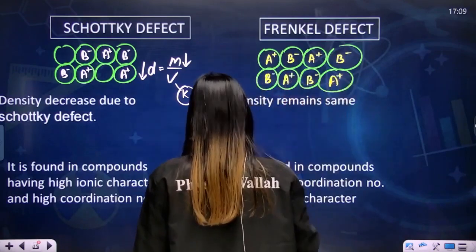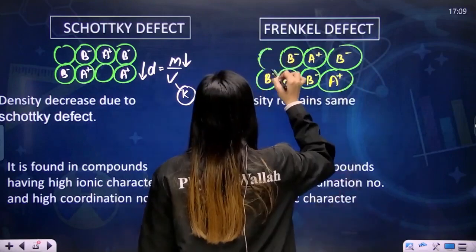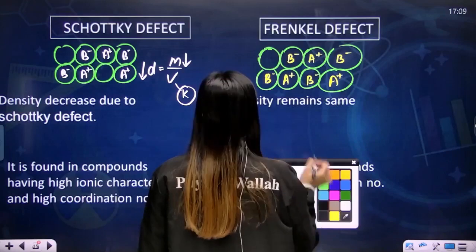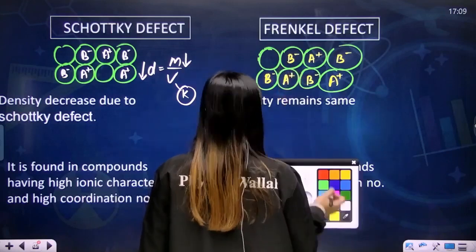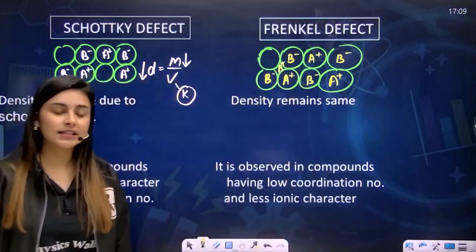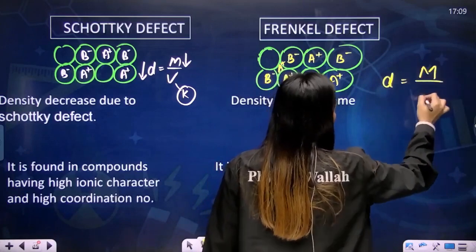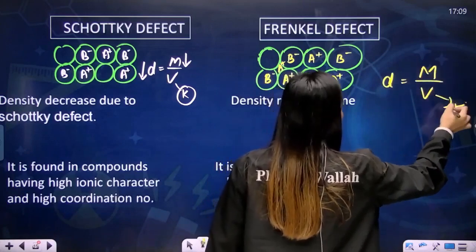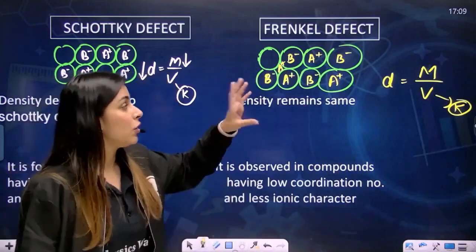Now one of them just left and occupied some interstitial position. Let's say A plus. Okay, now can I talk about the density here? Yes, please, let's talk about the density. Density is equal to mass upon volume. Now volume is constant, that is understood, because the cubic crystal system will remain the same. Okay, now let's talk about the mass.